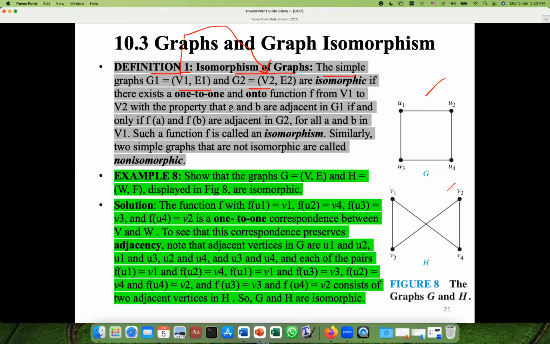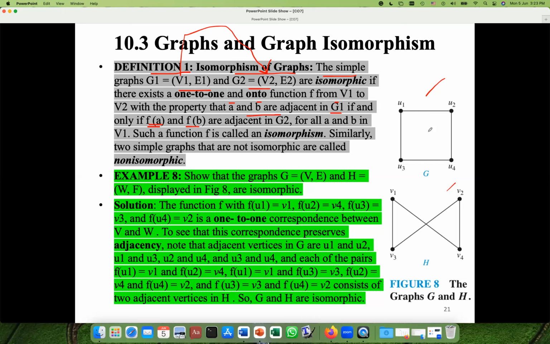with the property that A and B are adjacent in G1. It is saying that if there are 2 vertices which are connected with each other in graph 1, then after applying this function, f of A and f of B would also be connected or adjacent in G2.